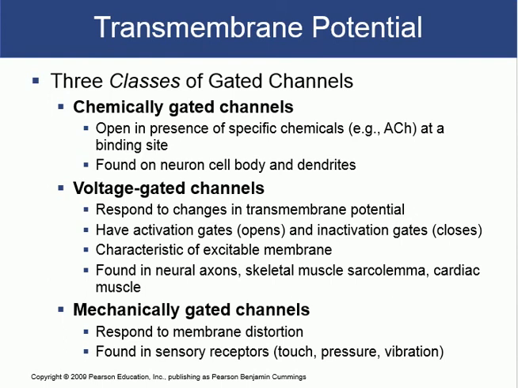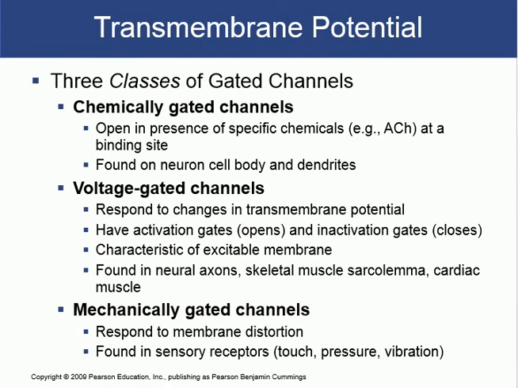Mechanically gated is distortion of the membrane. Imagine you have a balloon and you squeeze it or push it, the membrane will be distorted, right? Instead of being a spherical shape, it will change. So this is going to open, like receptors, for example. Receptors are exactly like a balloon. It's spherical like this.